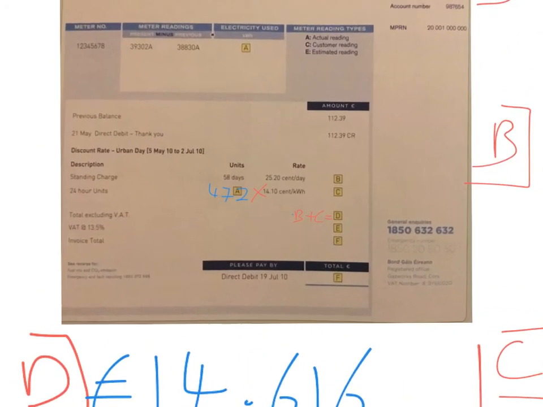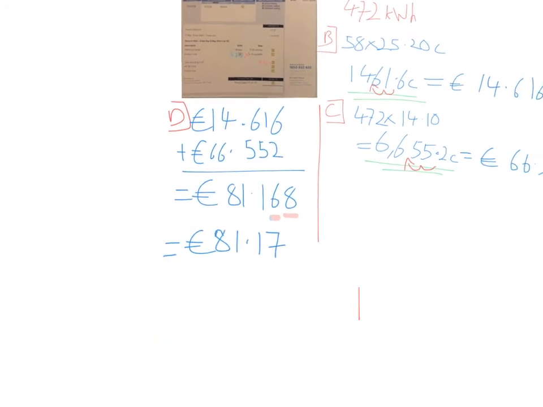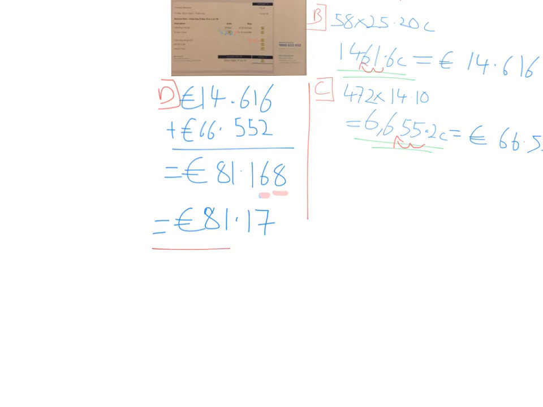Now, we know what the total is excluding VAT. D, we've just calculated it. Now for E, what they want us to do is find what the VAT will be. And the VAT is 13.5%. So this is a skill we've practiced a lot in class while studying financial maths. We're going to find 13.5% of the bill. So the bill already was 81 euros and 17 cents.